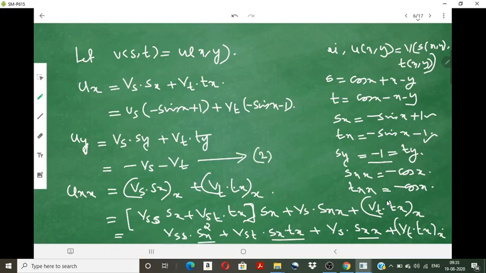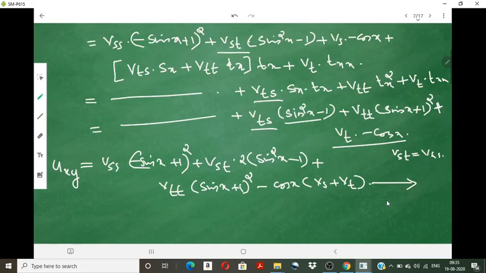Then we needed Uxx. So we were calculating not Uxy, it is Uxx. So Uxx is equation number 3. This one.